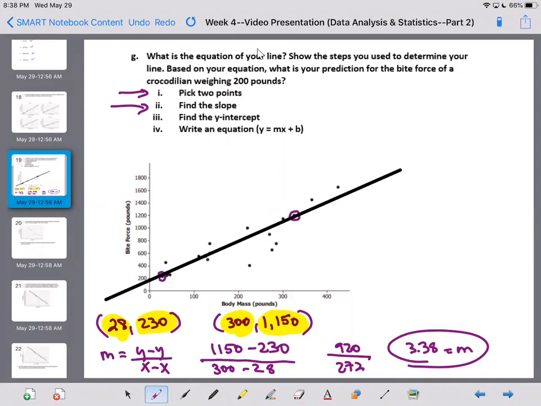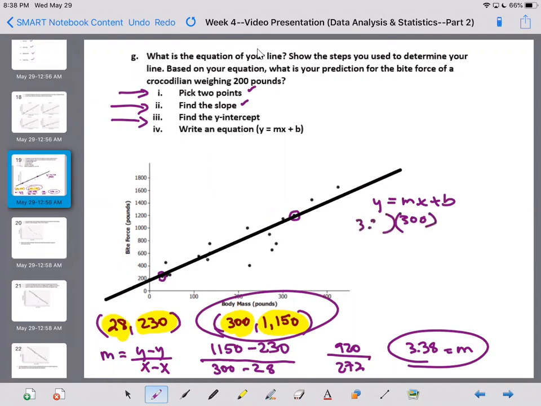Now we need to find the y-intercept, because we picked 2 points and we found the slope. To do that, we would just use our y equals mx plus b formula, and I'm just going to pick one of these points. I'm going to pick 300 and 1,150. So 300 in the place of x, 3.38 in the place of m.